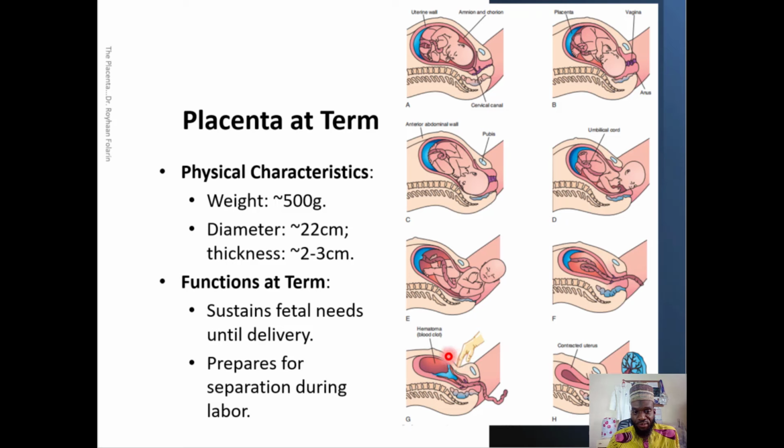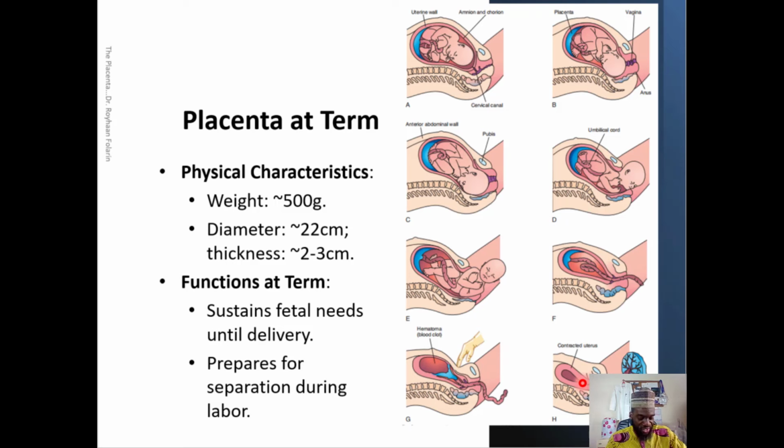If slight pressure is placed on the abdomen, it is one of the ways to further facilitate the complete separation of the placenta. And then finally, you have the placenta also being expelled, and then the uterus starts to contract.